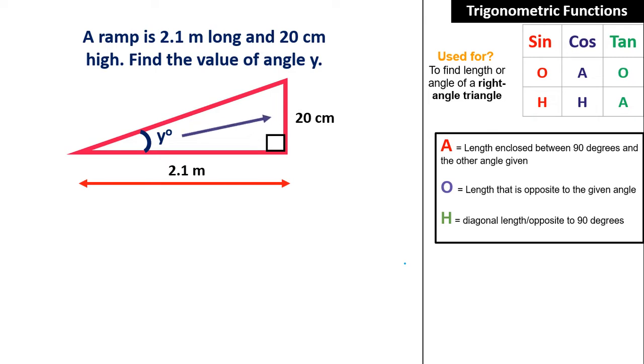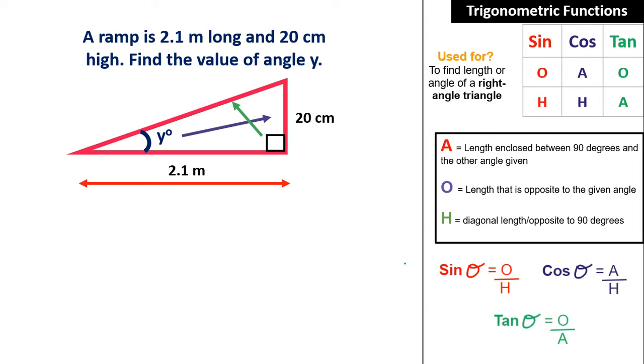O is the opposite, the length that is opposite to the given angle, and H is the diagonal length, or the one that's opposite to 90 degrees. And then how to implement sine cos tan? Sine theta equals opposite over hypotenuse, cos theta equals adjacent over hypotenuse, and tan theta equals opposite over adjacent.